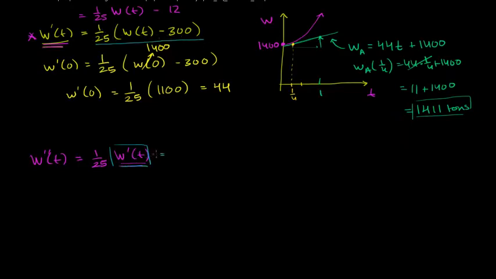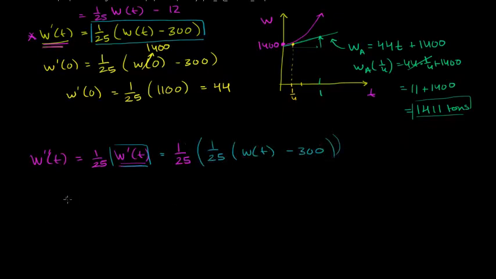So this is going to be the same thing as 1/25 times the derivative of w. And the derivative of w is this. The differential equation literally tells us the derivative of w is this over here. So 1/25 times 1/25 w(t), or the function w as a function of t, minus 300.